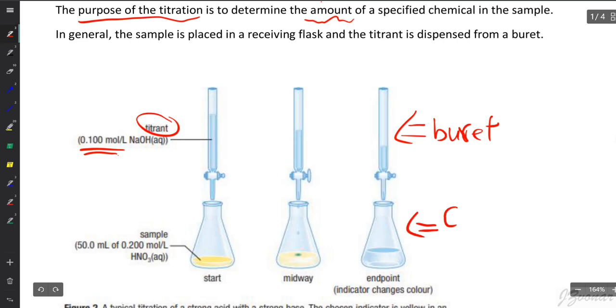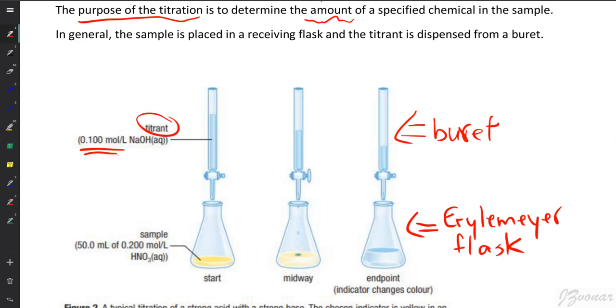An Erlenmeyer flask is normally what we use in order to collect and neutralize the acid. Normally we would put the acid inside the flask, and the titrant, which is my base, would be in the burette. I add drop by drop into the flask until we see a color change take place.